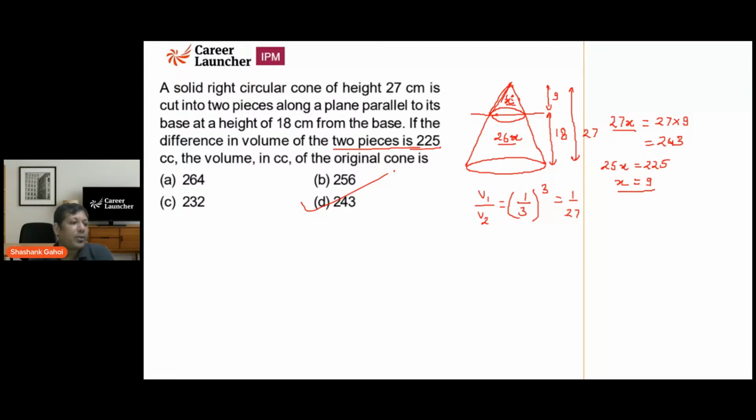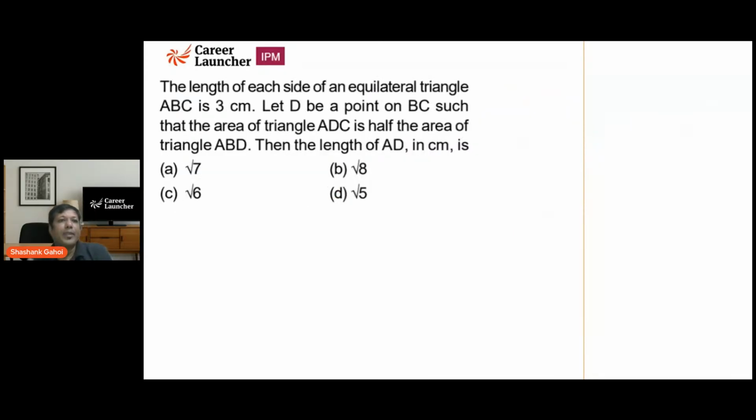So whenever we talk about similarity, remember similarity is important. Similarity is there everywhere in 2D shapes, 3D shapes, and linear shapes. Now let's look at this one. The length of each side of an equilateral triangle is 3. D is a point.